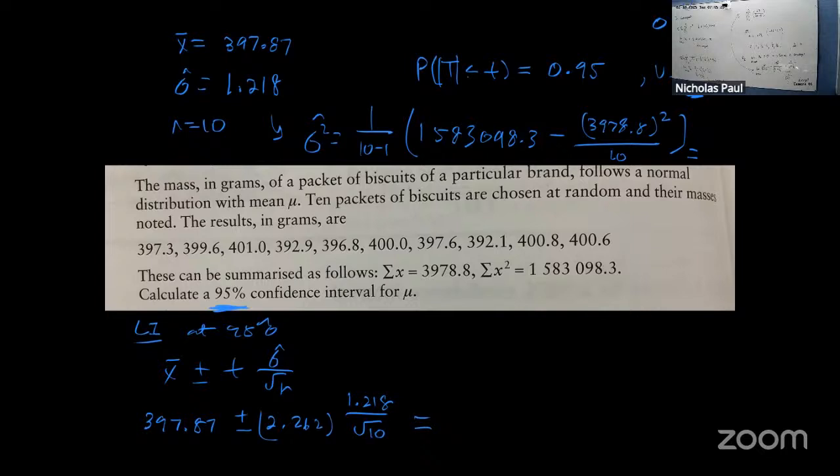How much is this? What did you all get for the 1.218? What did you all get there?